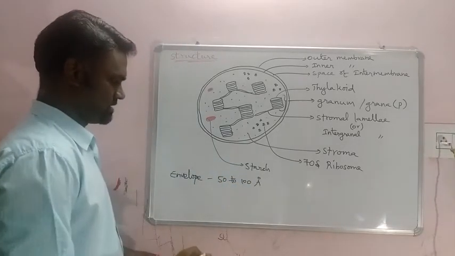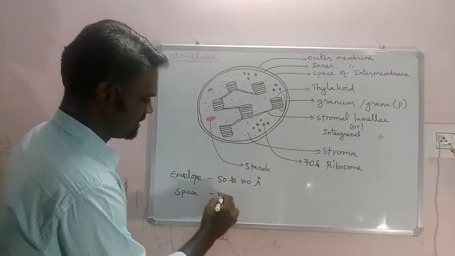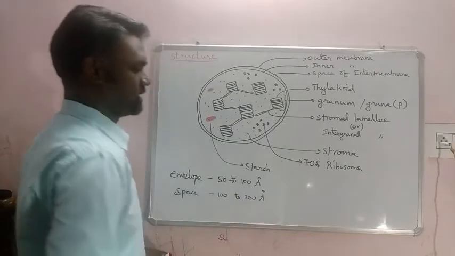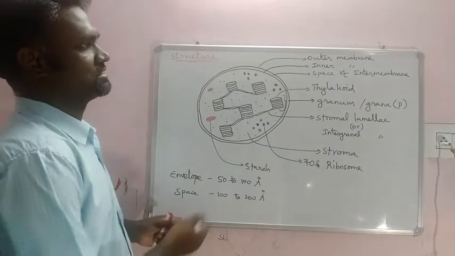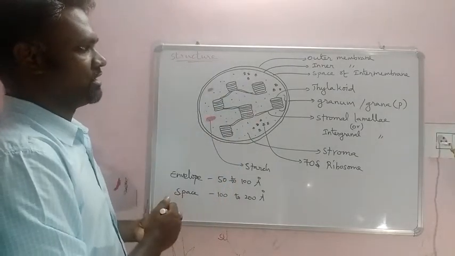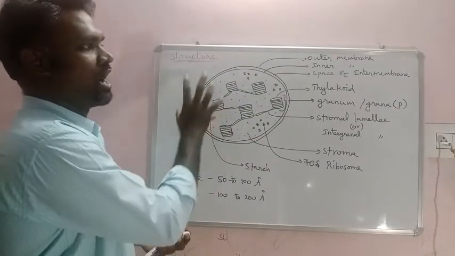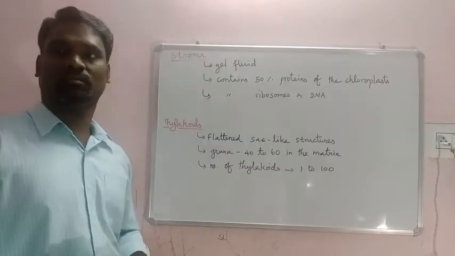In the same way, the space which is available between the membranes is 100 to 200 angstrom in size. Now in the next slide, let us talk about the internal portions one by one: how the grana are arranged, how the stroma is arranged, and so on.